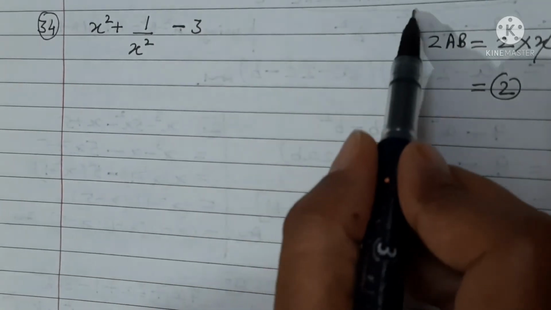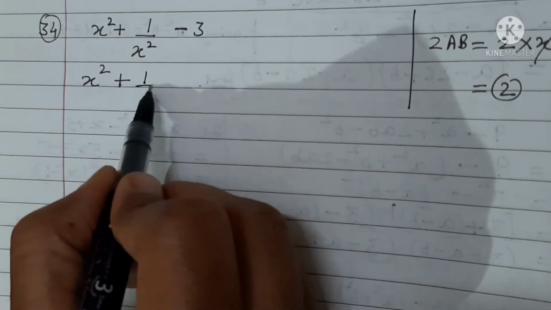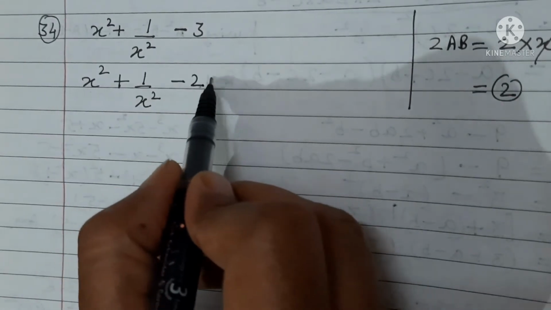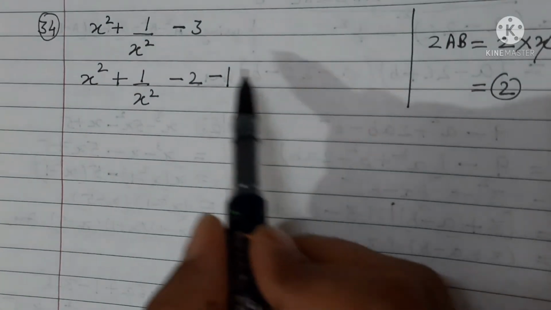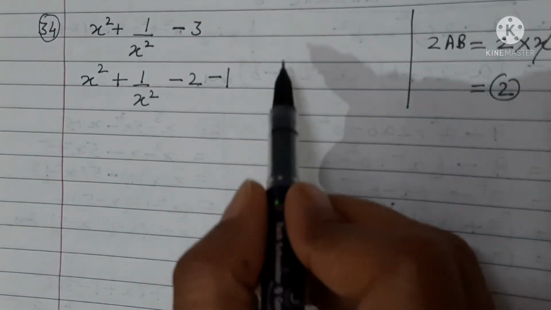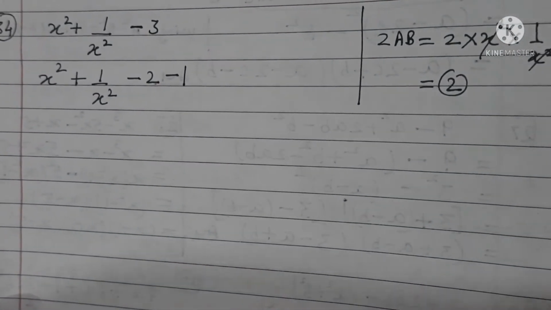So what happens? Let's see. x square plus 1 upon x square, and break it as minus 2 minus 1. We are making this a whole square by adding plus 2 and minus 2, showing here, because the concept should be clear to you.